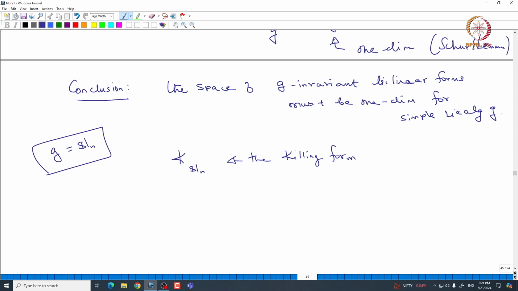Whenever you consider this ad x map, which is a map from SLN to SLN, to compute the trace you are looking at an n square minus 1 times n square minus 1 matrix. Then you are computing the trace of that. So, it is a very hard calculation to compute the Killing form. But using the theory, you can easily see that you have the Killing form and you also have what is called the trace form.